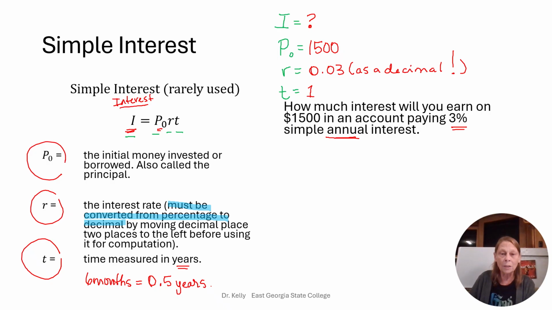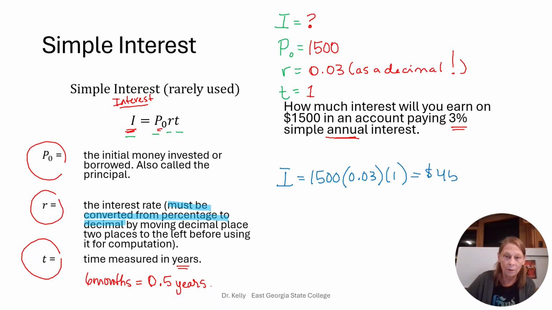So all we need to do now is just plug this in. So I is equal to 1,500 times 0.03 times 1. I'm going to run that through the calculator real fast. I will be showing you, not in the most sophisticated way, but it'll get better, the way to do this on the calculator. So that leaves us with $45.